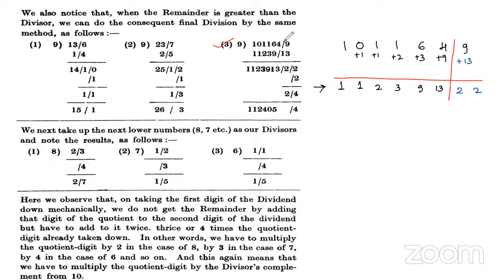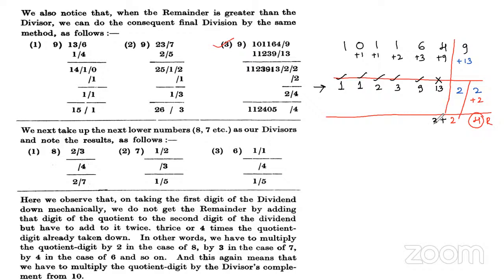If you observe very carefully here, 22 is more than the divisor, so again we are applying which concept? Nikhilam concept. So first we are dropping 2 here. This 2 is added here, so 4 will be our remainder part. But this new digit is added to the previous quotient. In the previous quotient, wherever the tick marks are, all the digits will be single digits, but this is a 2-digit number.